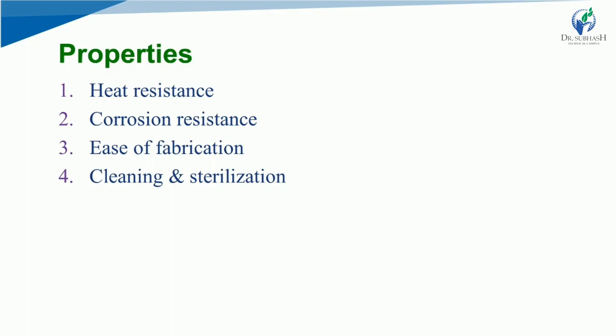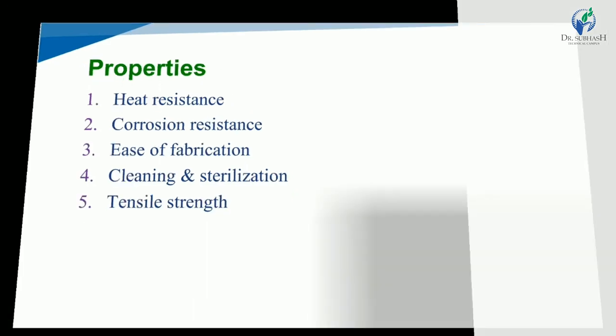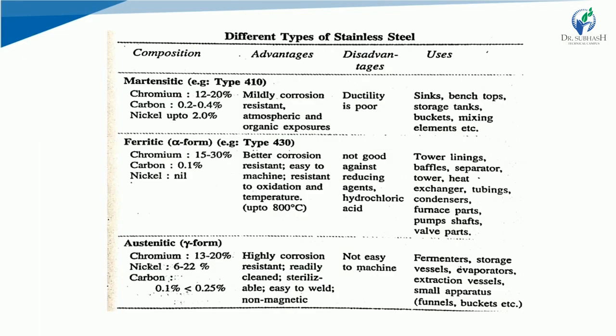It is easy to clean. Do you have any steel instruments or steel utensils at your home? Isn't it easy to clean them? So they are very easy to clean and sterilize. Tensile strength is strong. It is strong in nature. So these are some of the properties of SS, that is stainless steel.